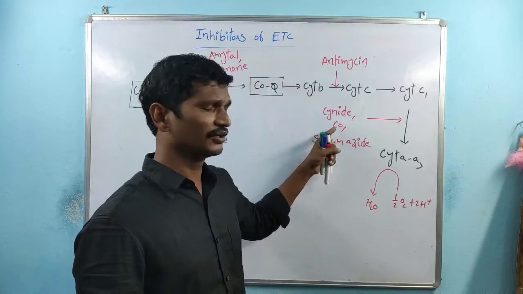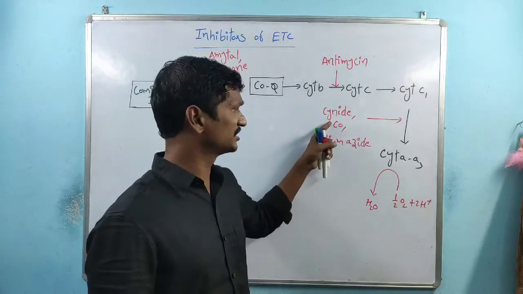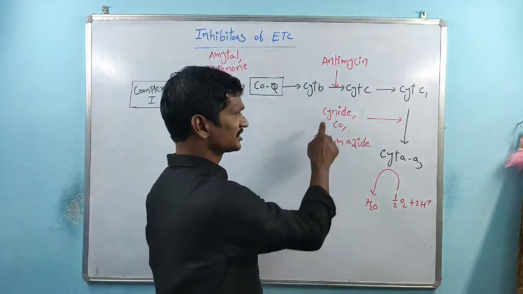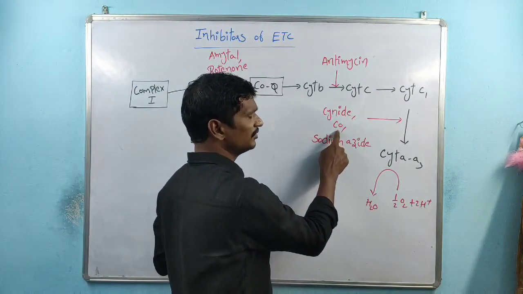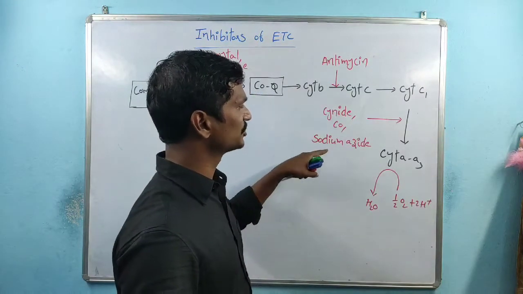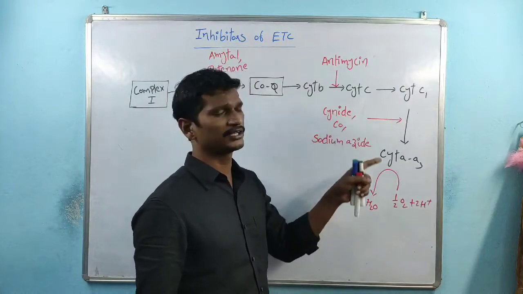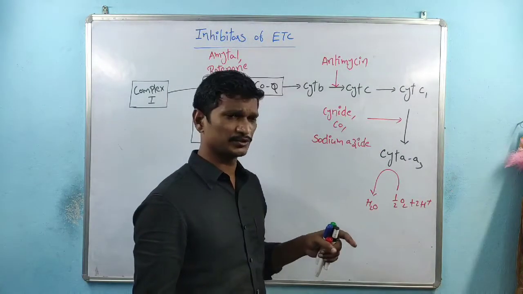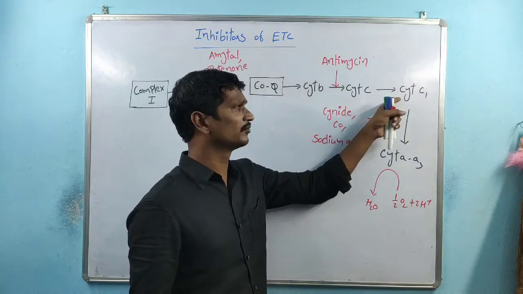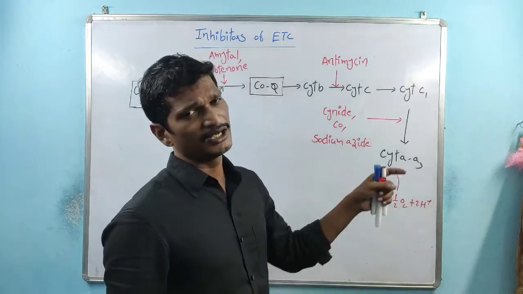Here, this is carbon monoxide, sorry, not coenzyme Q. Carbon monoxide, cyanide and sodium azide all act on complex 4, which blocks the electron flow from cytochrome C1 to cytochrome A and A3.